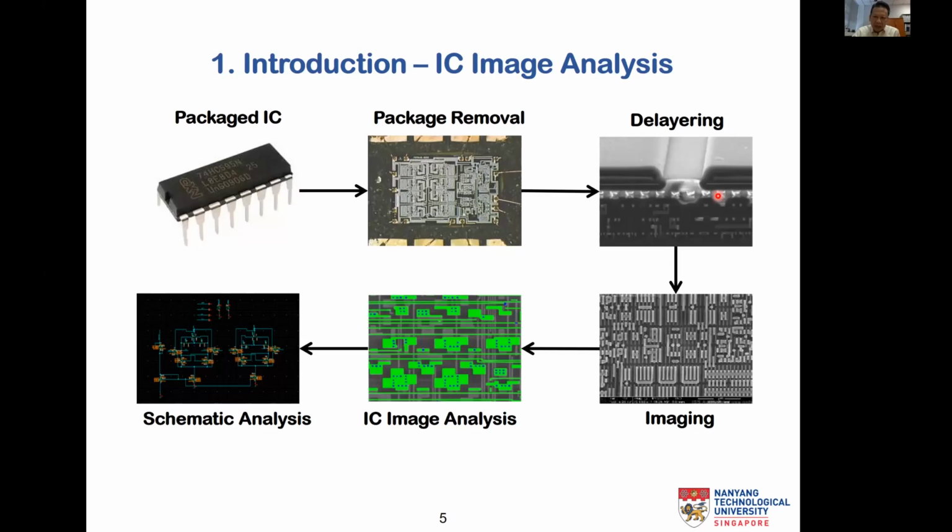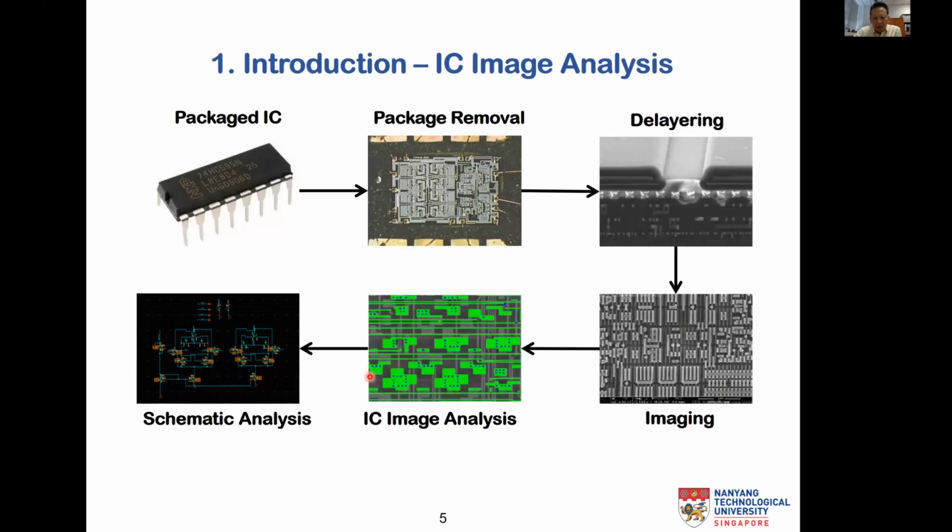So you need to delayer it. After delayering, we need to take the images. For this imaging, we can do scanning electron microscopy or optical microscopy. After you take all the pictures, you can proceed with the IC image analysis.